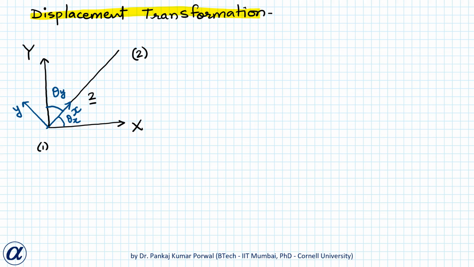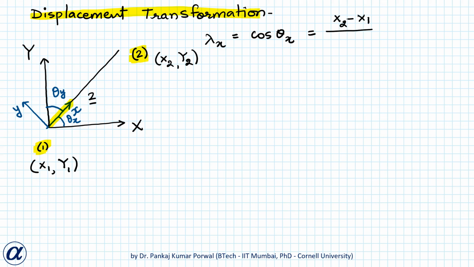Then we can write the direction cosines of the local x-axis as lambda x equals cos theta x, and if we know the coordinates of node 1 and node 2 of the member in the global coordinate system are x1, y1 and x2, y2, then cos theta x can be written as x2 minus x1 divided by L, where L is the length of the member and can be written as the square root of x2 minus x1 squared plus y2 minus y1 squared.